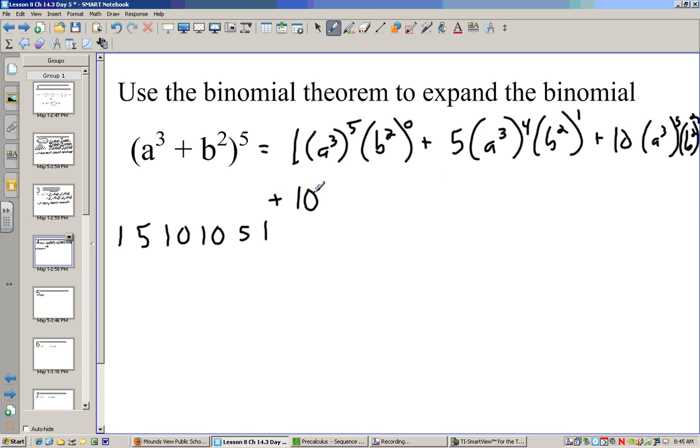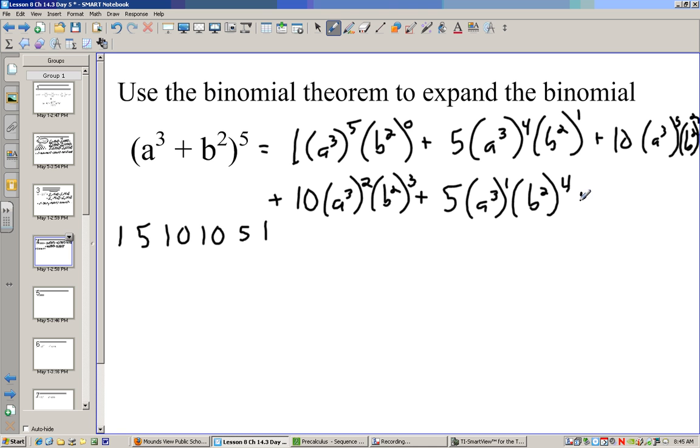Plus another 10, a to the 3rd to the 2nd power, b squared to the 3rd power. Plus 5 a cubed to the 1st power times b squared to the 4th. And then finally 1 times a cubed to the 0 times b squared to the 5th.